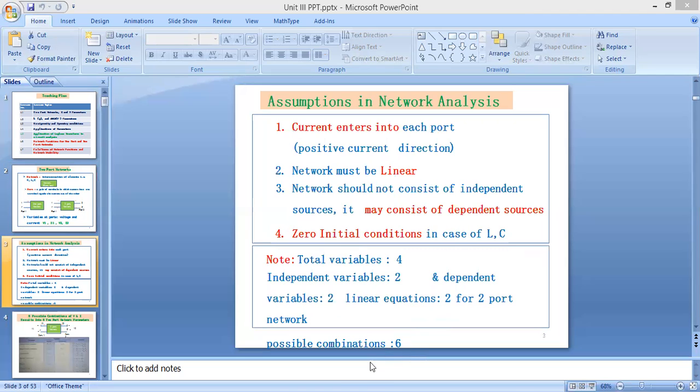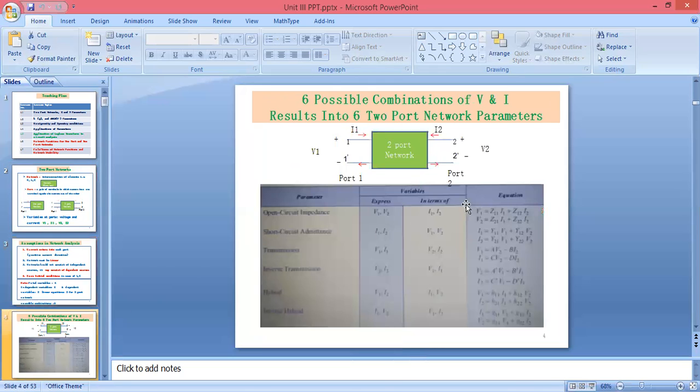We can make six possible combinations by deciding how these variables depend on the other variables. If the output and input voltages, V1 and V2, are depending on I1 and I2, then we call this circuit an open circuit impedance network, and these parameters the Z parameters, because voltage depends on current according to Ohm's law, V equal to IR.